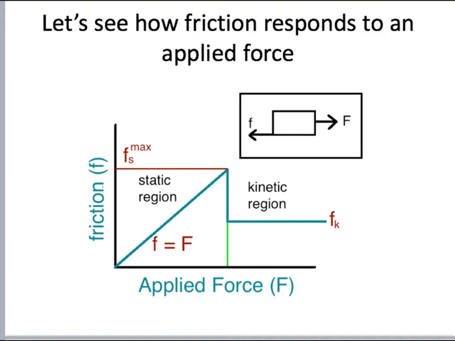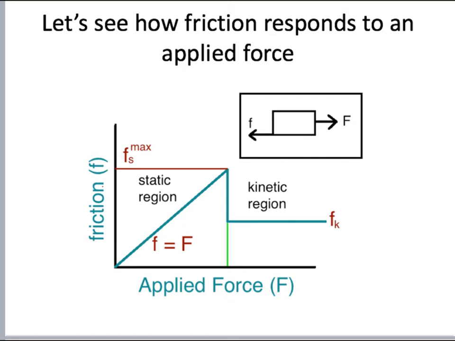I've got this in this teal blue color here. This is the friction on the vertical axis, or the y-axis, and the applied force is on the horizontal axis. So I'm plotting the friction force versus the applied force.